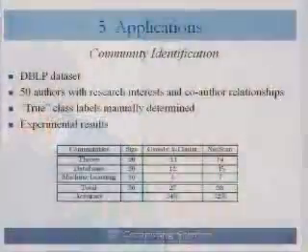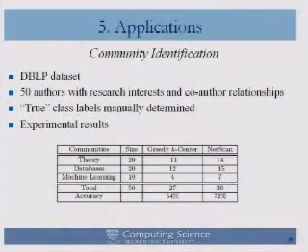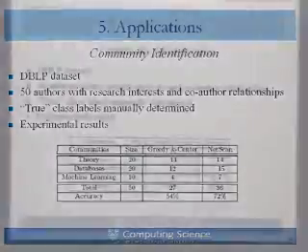Okay, then let me move on to the application. We don't want to miss the application. Market segmentation had been our driving application, but as you all know, market data or customer data is very sensitive and hard to obtain. So instead, we performed some experiments using some DBLP data for community identification. And if you will, market segmentation can be understood as a special case of community identification.